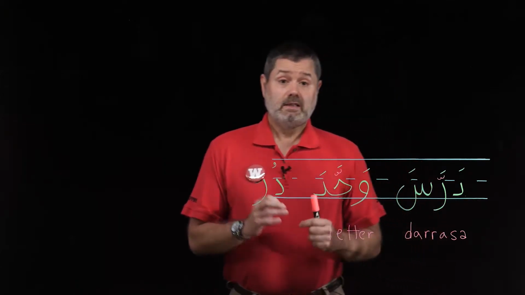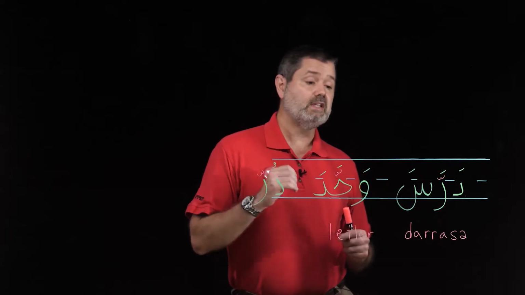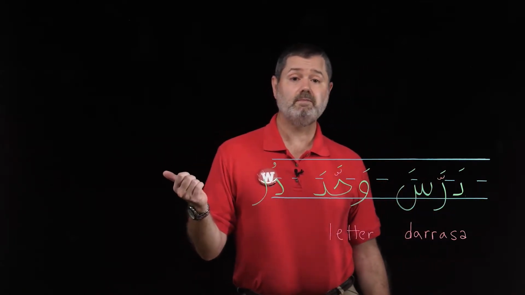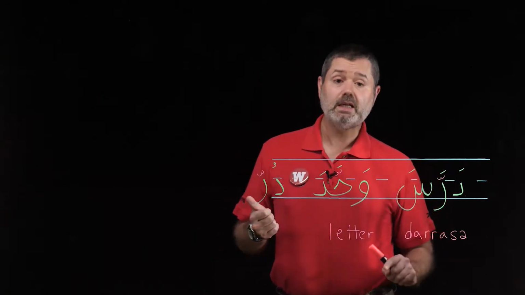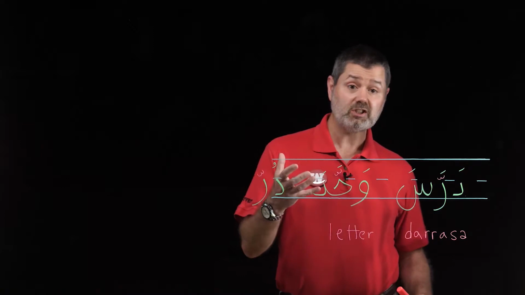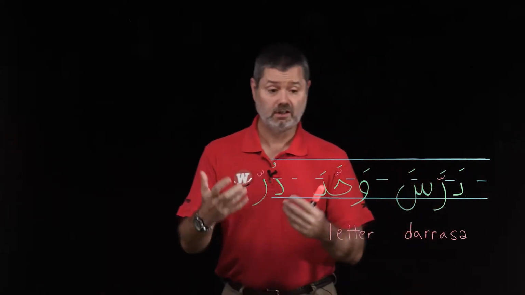This may sound like a small difference, but it's actually very significant because the word darasa by itself means to study. By doubling that consonant, darrasa means to teach. And that's not by accident. This is the effect that that has, and you're going to learn that later on.